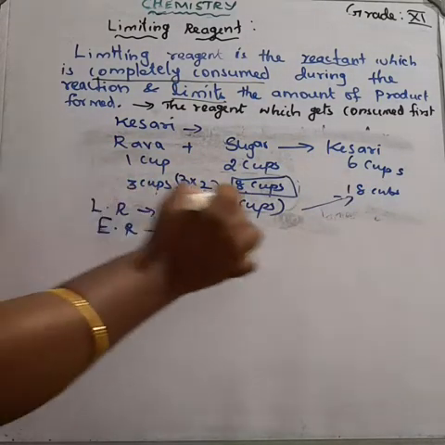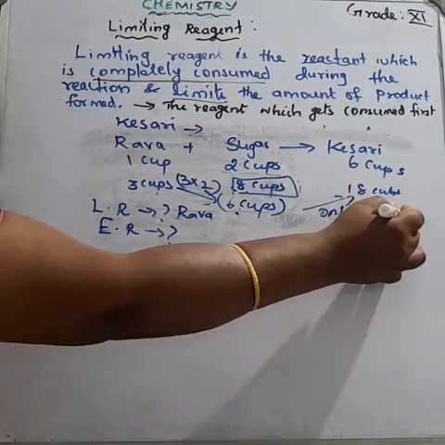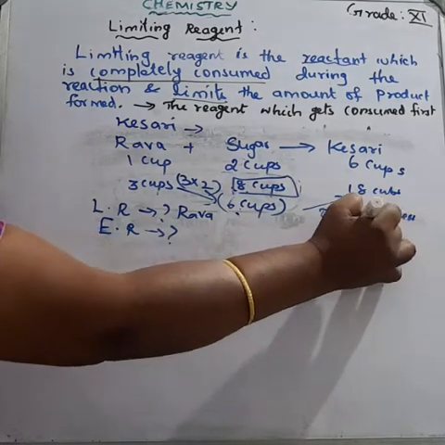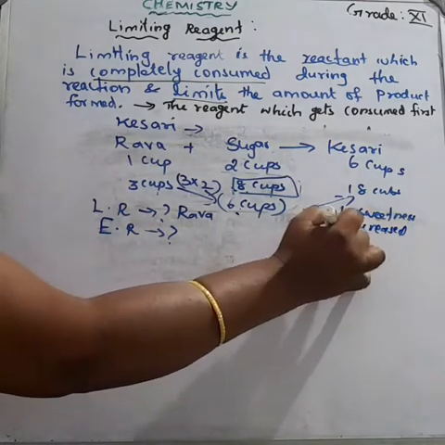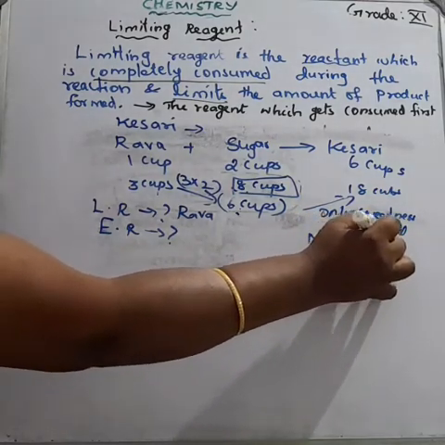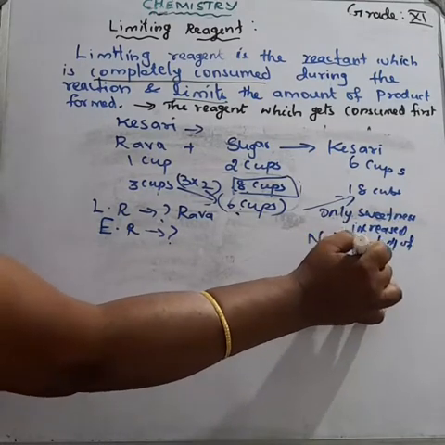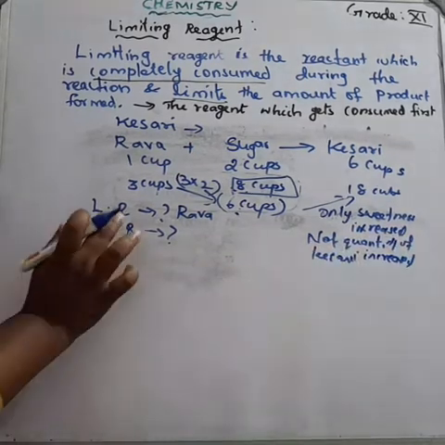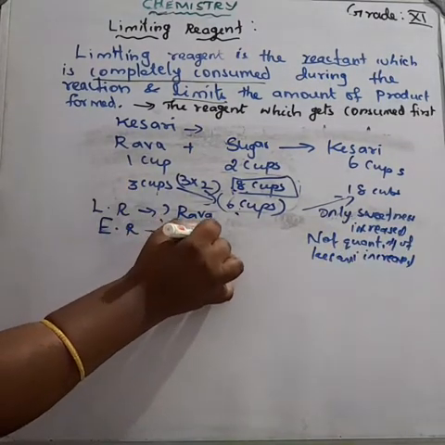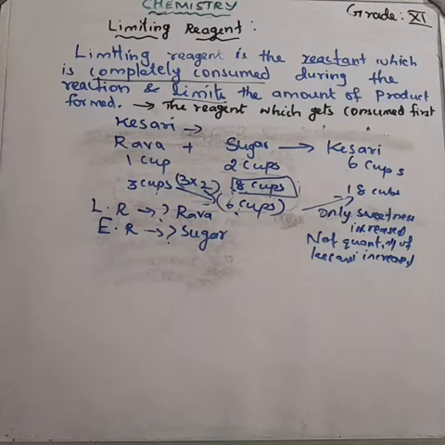Only the sweetness increases by adding 2 more cups of sugar. Understood the concept? So here rava is the limiting reagent, sugar is the excess. How much excess? 2 cups of sugar is in excess. So sugar is the excess reagent, rava is the limiting reagent. Understood? Another example I am going to explain, so you can clearly understand.